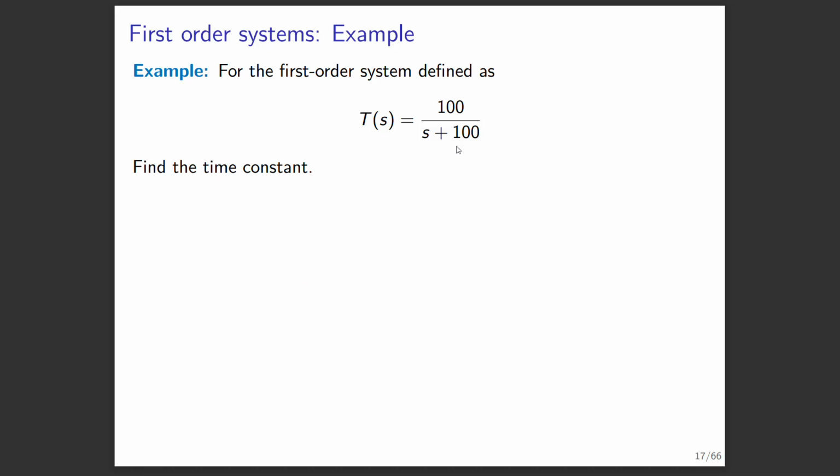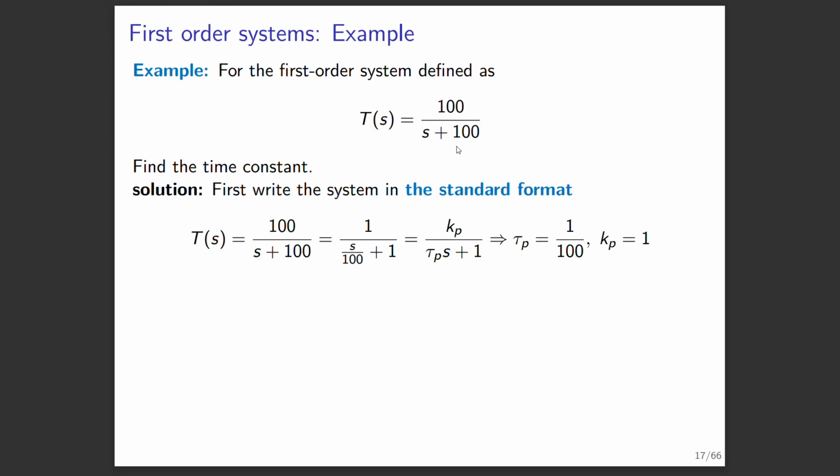Well, I have to multiply the numerator and the denominator by 1 over 100. So I'm going to have 1 over 100 times S plus 1 in the denominator, and then the numerator will just become 1. Now, this is Kp, or gain, and your tau p, or time constant, is just 1 over 100.